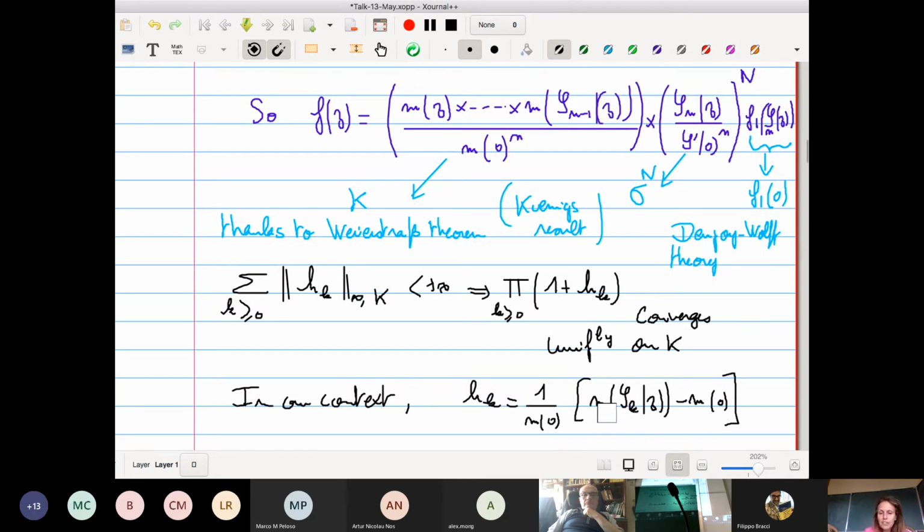And what makes things work very well is the fact that the derivative of phi at 0 is strictly less than 1.